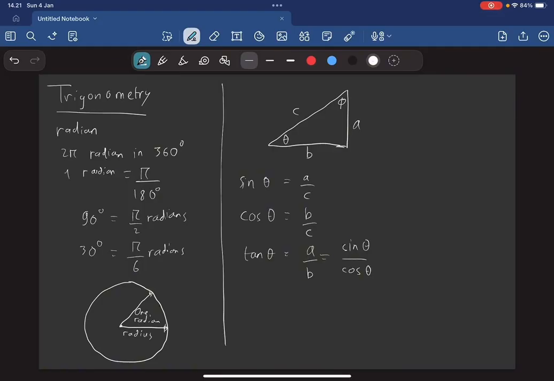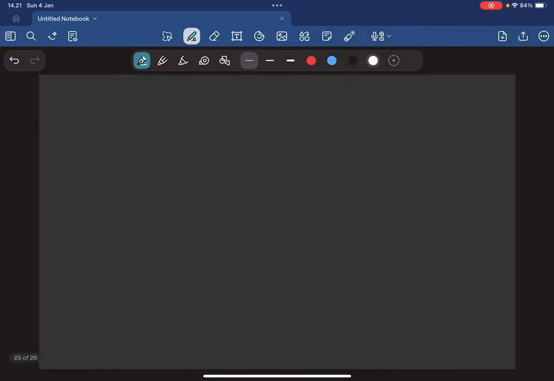We can graph these functions to see how they vary. First for sine theta, it will be like this. This is like 2π. This is a graph of the sine function.